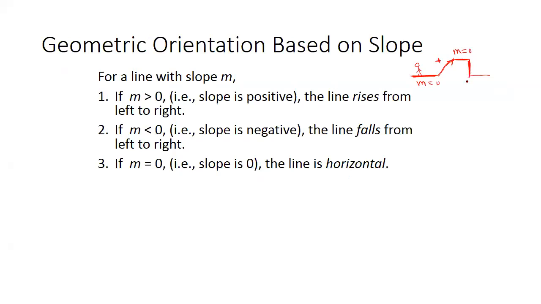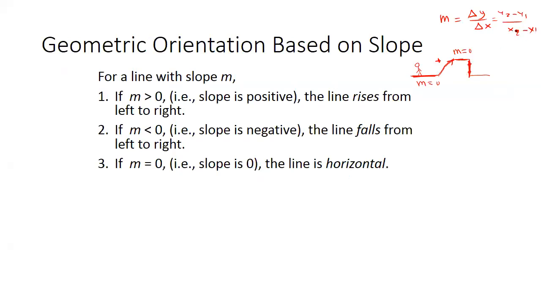No. Vertical line would have a slope of... the slope is changing y over changing x, right? y2 minus y1 over x2 minus x1, right? So these 2 points here on the vertical line have the same x-axis value, right?